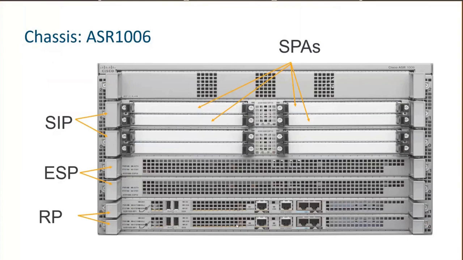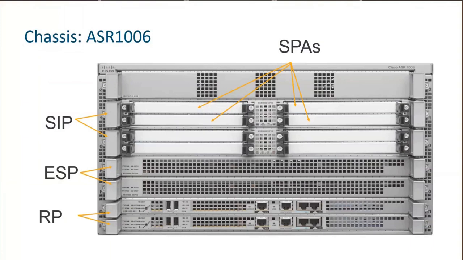On the RP, you will have a management port, which is the gig 0 here, and you will have a console port, and USB ports as well for the file transfers that you may want to do within the routers.